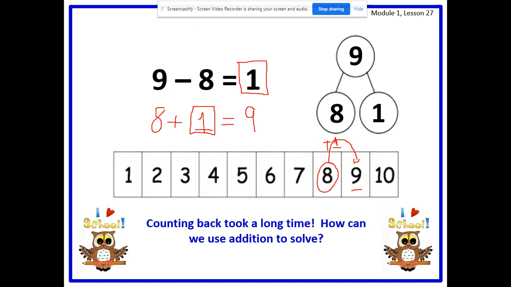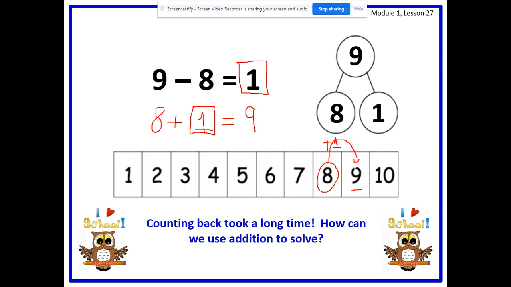And remember when we counted back, we had to hop back 8 times, which took a little bit longer. And when we counted on, we finished quickly. Because counting on was more efficient because we only had to count on 1 more. Counting back took so much longer and we still got 1 as our unknown, right?